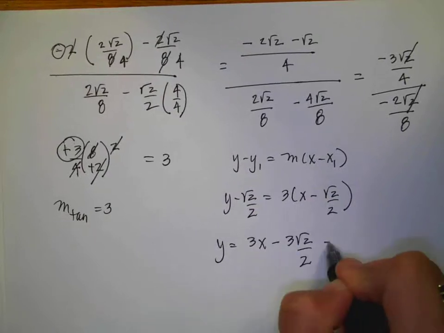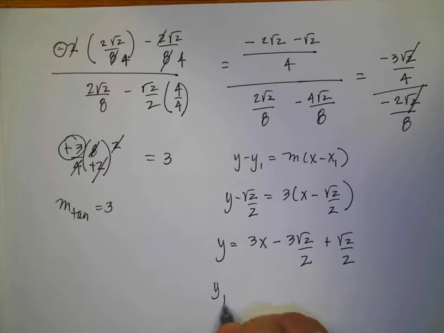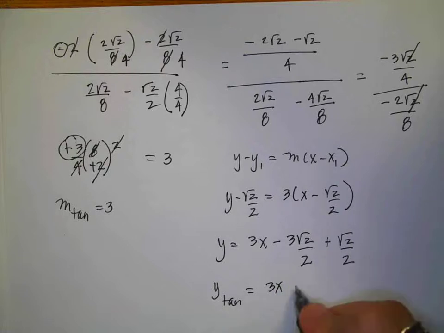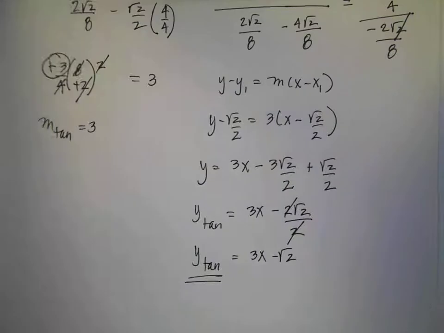Y is 3x minus 3 radical 2 over 2 plus radical 2 over 2. My tangent is 3x. A negative 3 plus 1 is minus 2 radical 2 over 2. 2's cancel. So finally getting it all cleaned up, I get 3x minus radical 2.